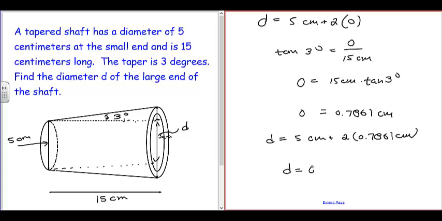So we get 6.572 centimeters. And everything's in centimeters. Yeah, a taper of 3 degrees is pretty big. You can see how much bigger the one side is. Okay, so that's it.